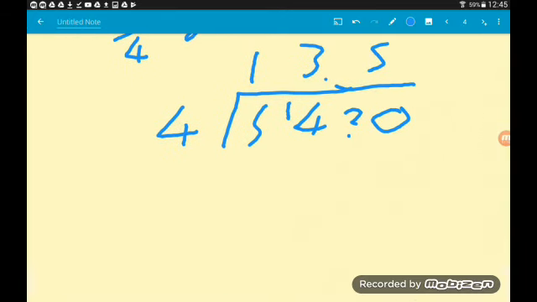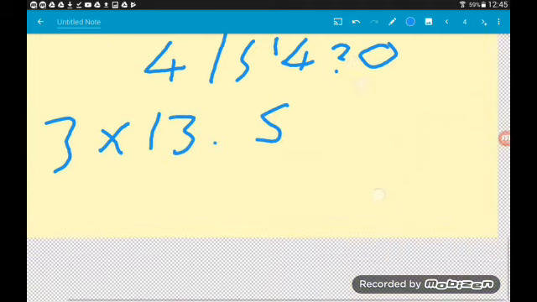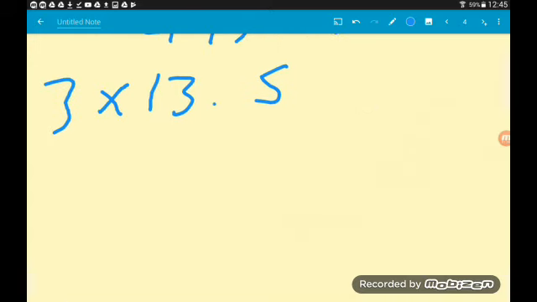3/4 then is 3 times 13.5. Let's have a look at doing that with the lattice method.